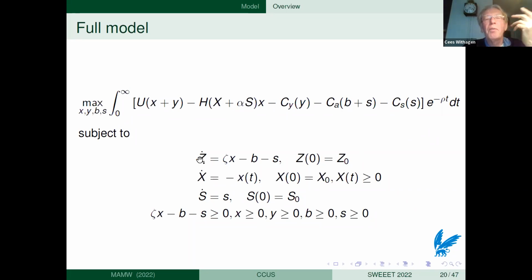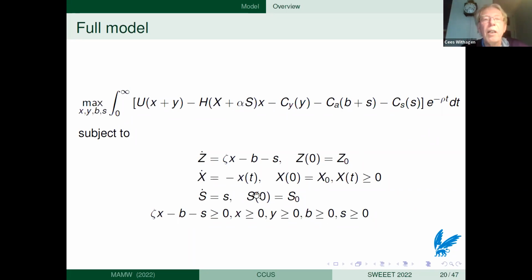So this is the definition of the increase in Z, the increase or decrease in X, and this is the increase in the inserted amount. And we must make sure that abatement is non-negative, and there are many other non-negative variables as well.